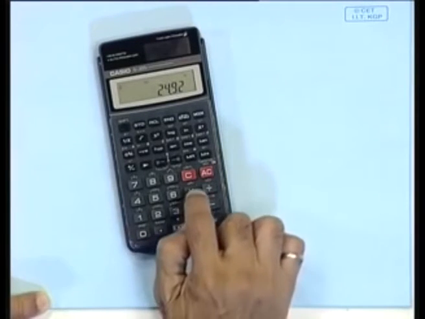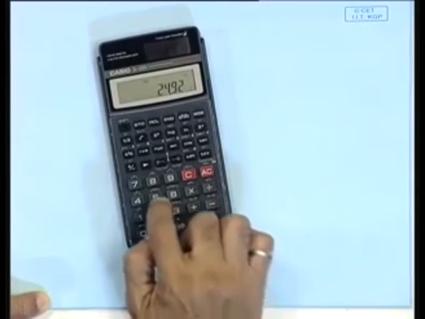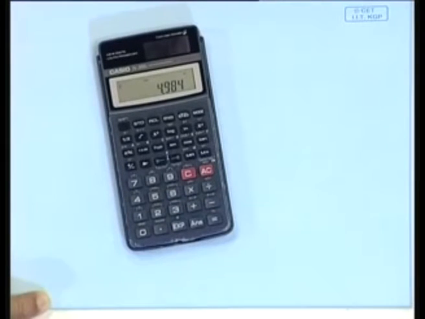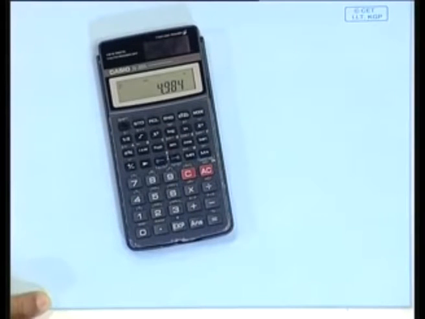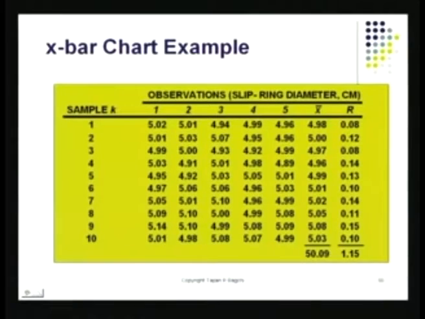I now divide this by 5 to get my first X bar value. What is the quantity there? 4.984. I'm a little more accurate than the table here. The table shows the value of X bar to be 4.98.